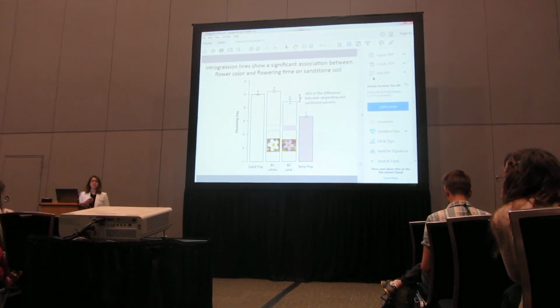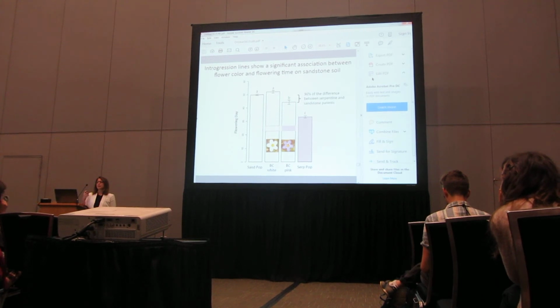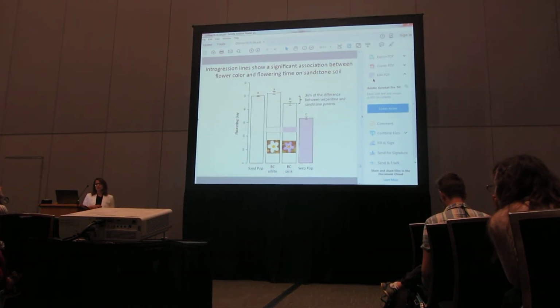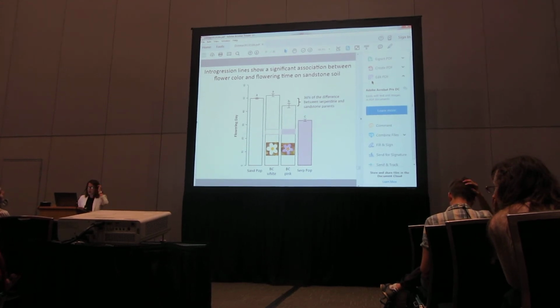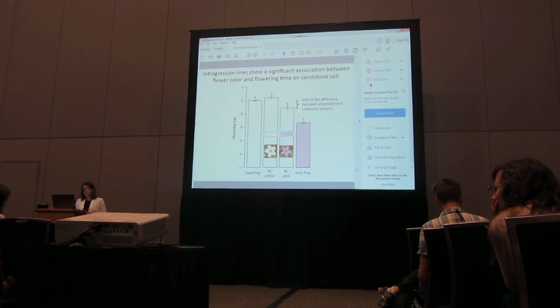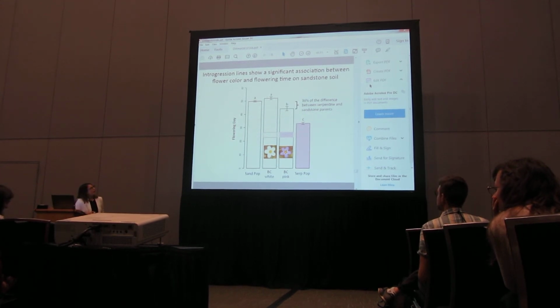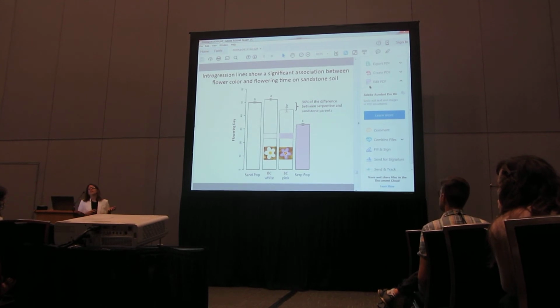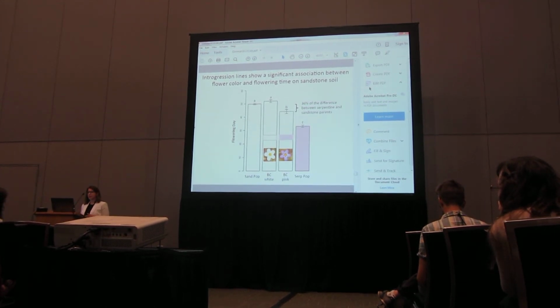So I've been doing a series of back crosses where I've been trying to introgress that pink flower color locus into the white sandstone genetic background. And I put these out in the field in 2014. The one problem with this is I don't know the genotype of the plant if it dies before flowering.